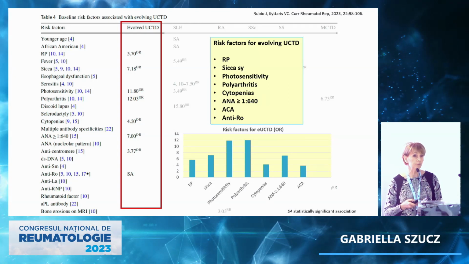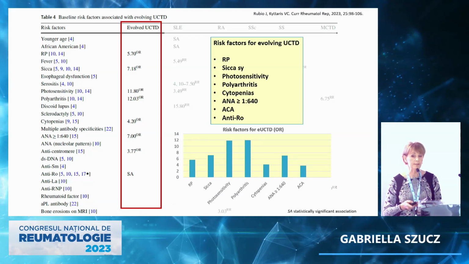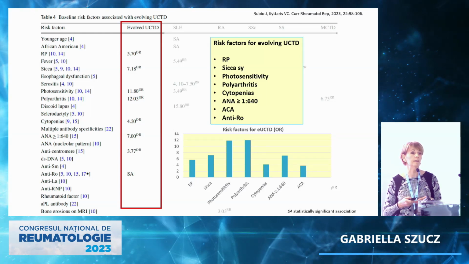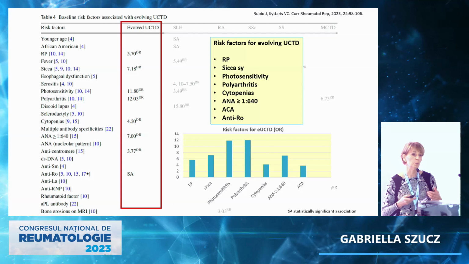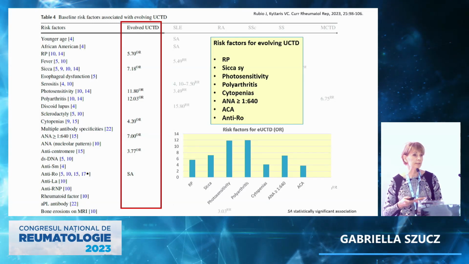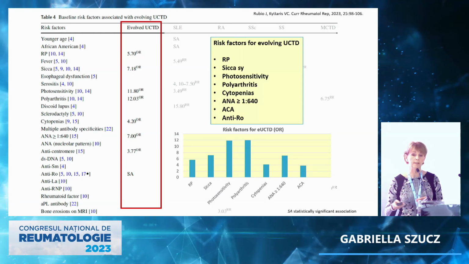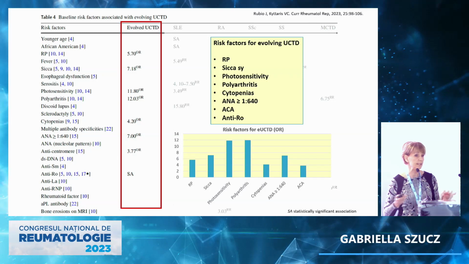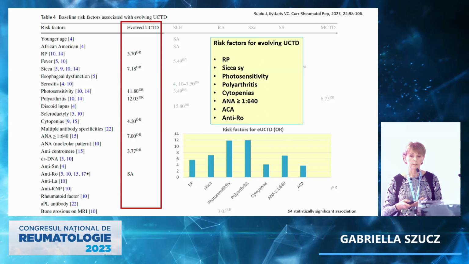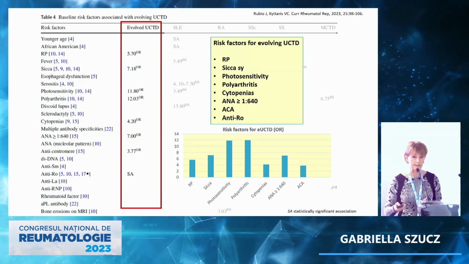It was the Raynaud phenomenon, the sicca syndrome, photosensitivity, polyarthritis, cytopenias, antinuclear antibody positivity with a higher titer than 1:160, anti-centromere antibody and anti-Ro antibody. And at the bottom of the slide, you see the odds ratio of these symptoms. The higher odds ratio was correlated with photosensitivity and polyarthritis.